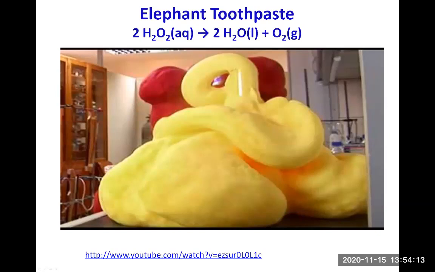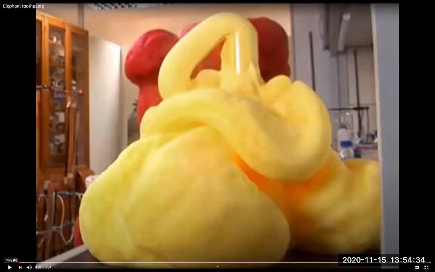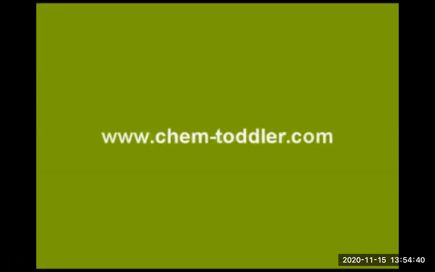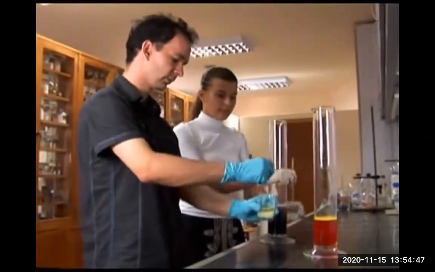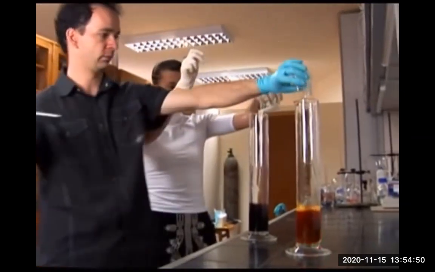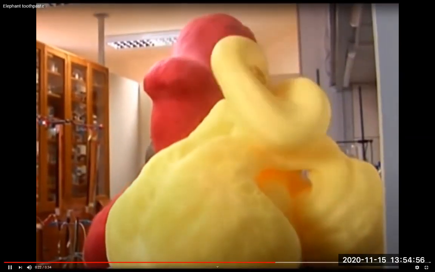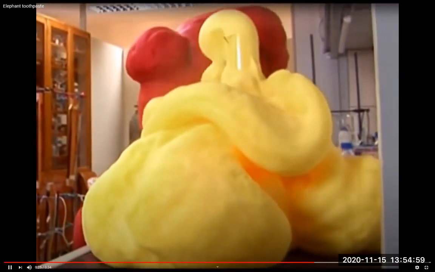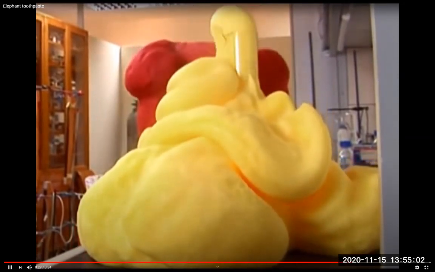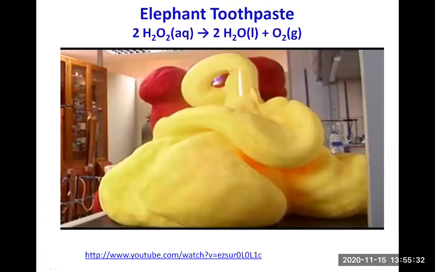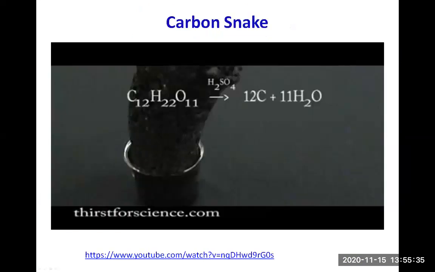Hydrogen peroxide becomes water and oxygen. And another example, the carbon snake.